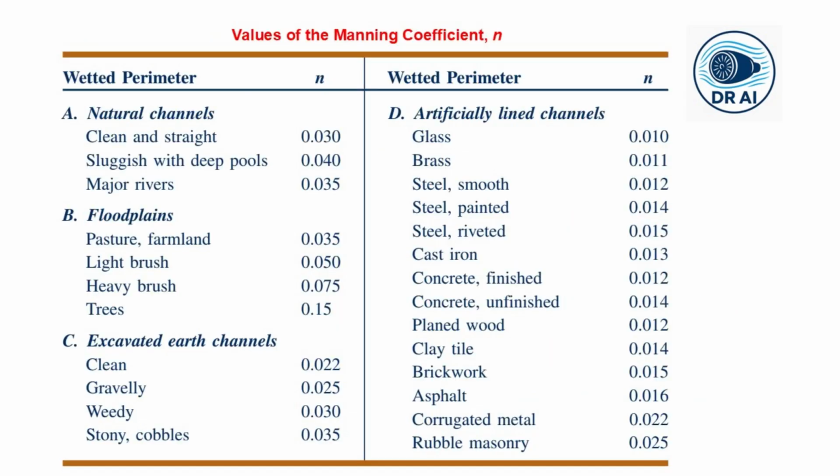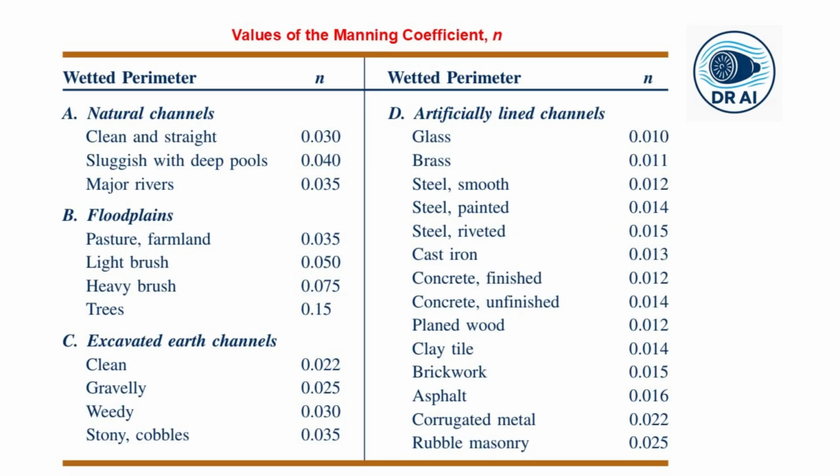Now this brings us to the $1 million question: what value of n do we use? This is where engineering judgment meets tabulated data. As we can see on this slide, this is a table, and it's a fascinating list. You will see everything from natural channels.